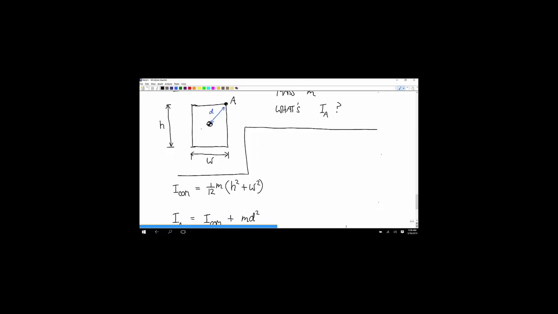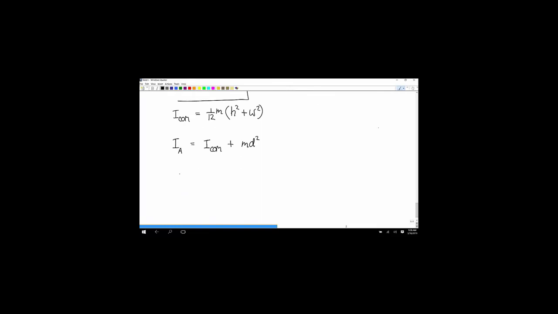Half of each of those, right? So yeah, d squared is equal to w over 2 squared plus h over 2 squared. And so that's w squared plus h squared over 4.